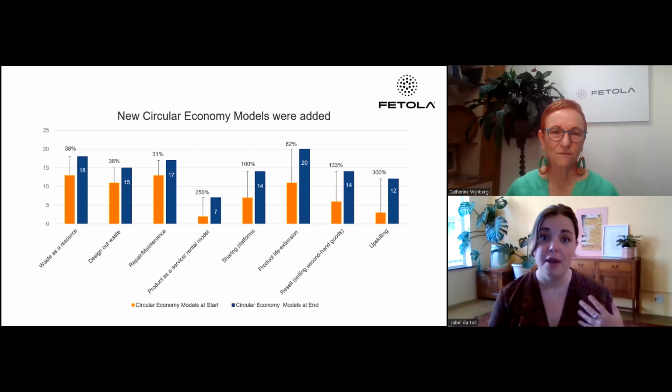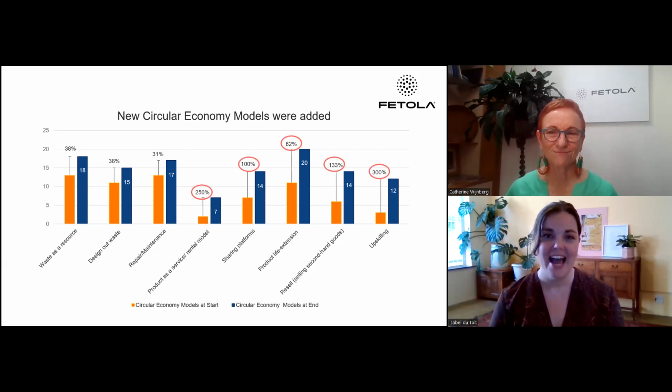There were models that were taken up most, which are now highlighted in red. It actually surprised us initially because we felt that waste as a resource would be one of those taken up most, but it makes perfect sense because these things can be implemented in both service and product-based businesses. And so the uptake is far higher.